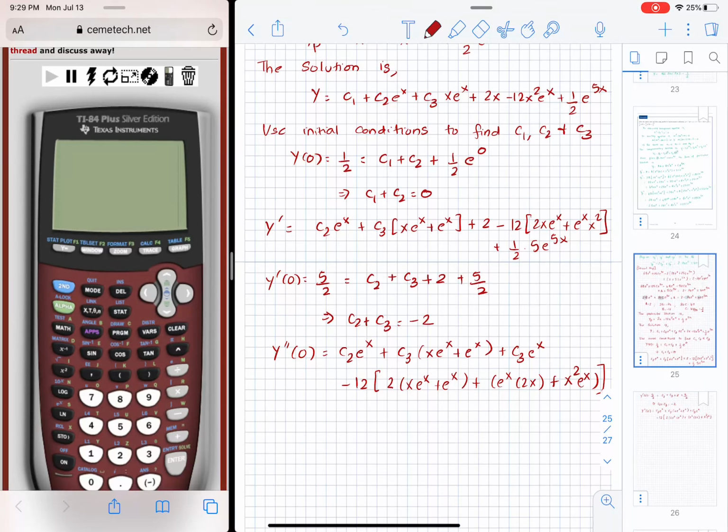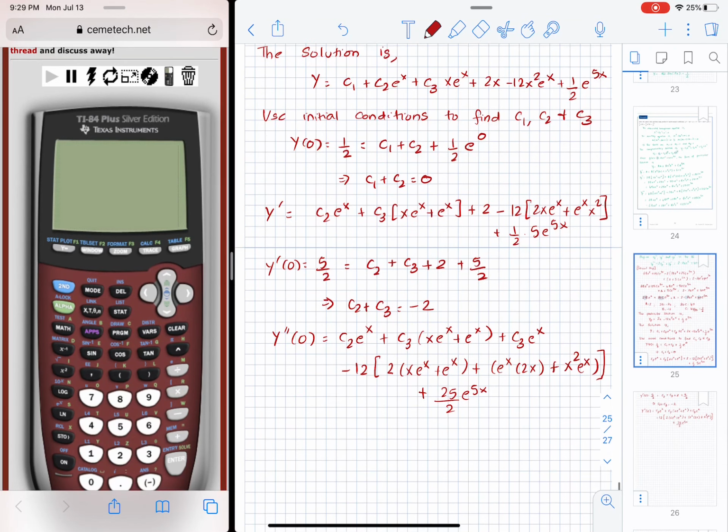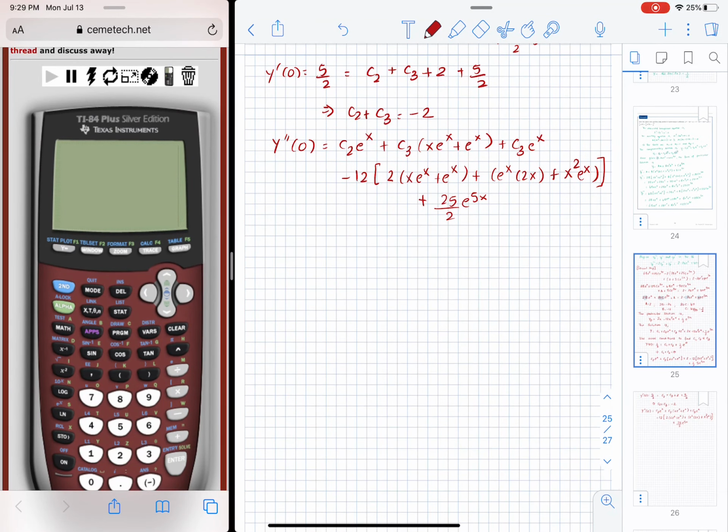I'm using product rule multiple times, plus 25 over 2 e^(5x). And y double prime of 0 is negative 9 over 2.